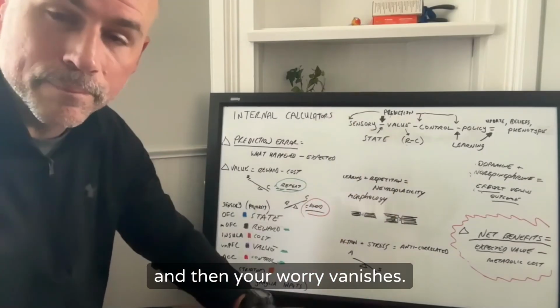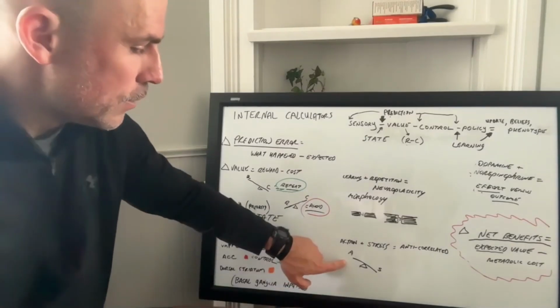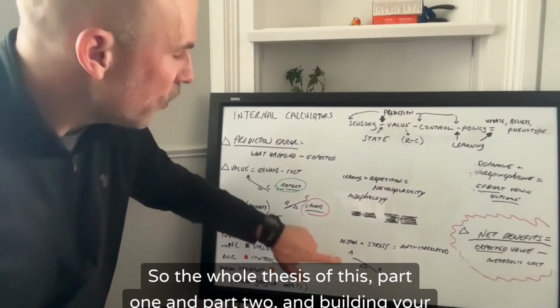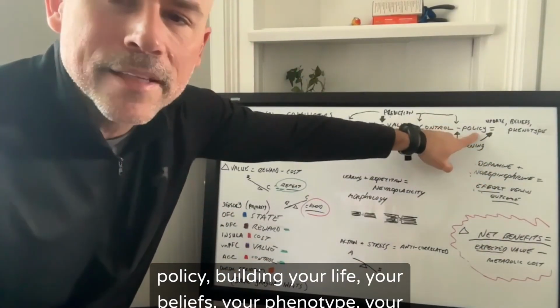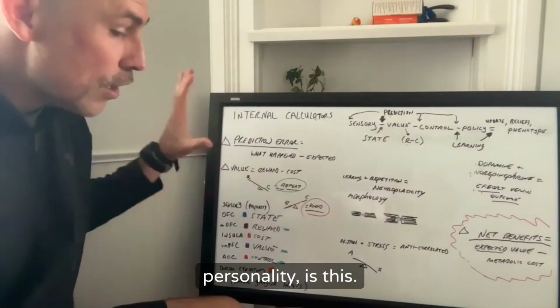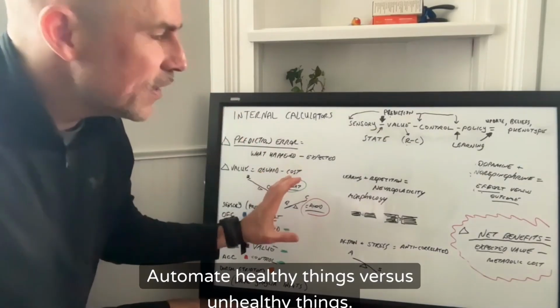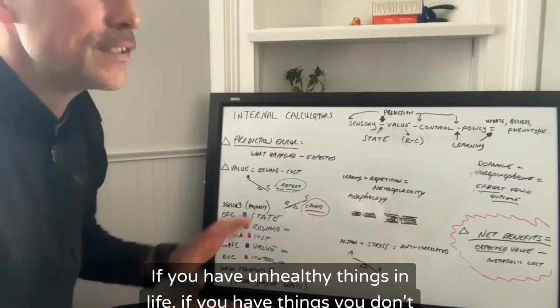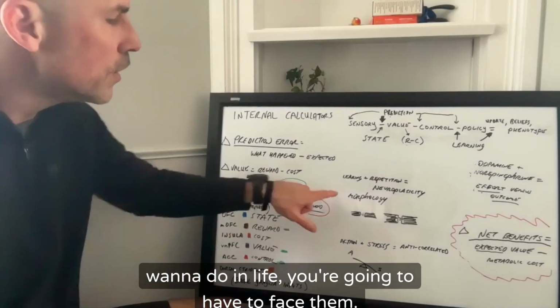And then your worry vanishes. So, the whole thesis of this, part one and part two, and building your policy, building your life, your beliefs, your phenotype, your personality, is this: automate healthy things versus unhealthy things. If you have unhealthy things in life, if you have things you don't want to do in life, you're going to have to face them.